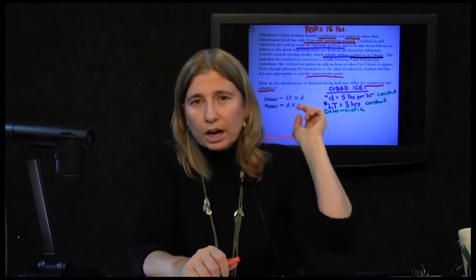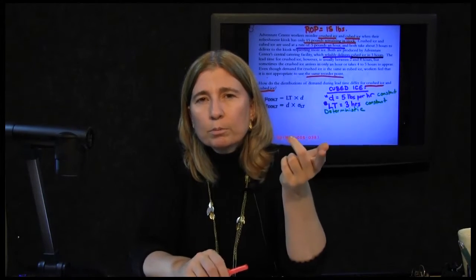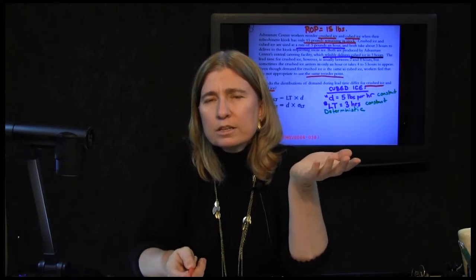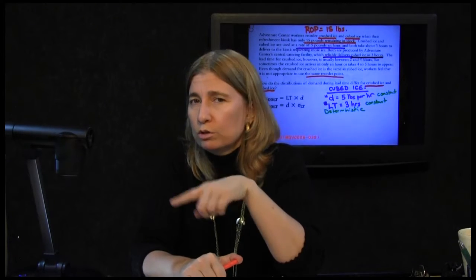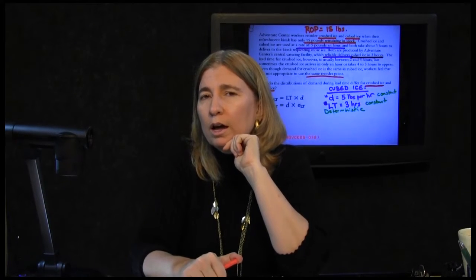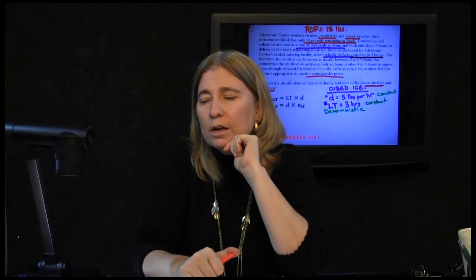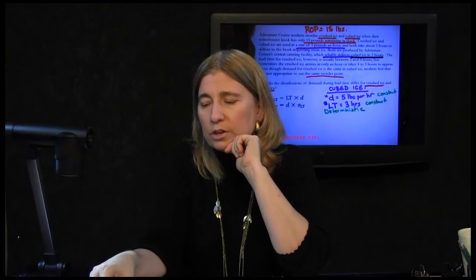I circled up at the top that they said that their reorder point was 15. That makes sense. They always need 15 pounds of cubed ice every time they wait for a new order.